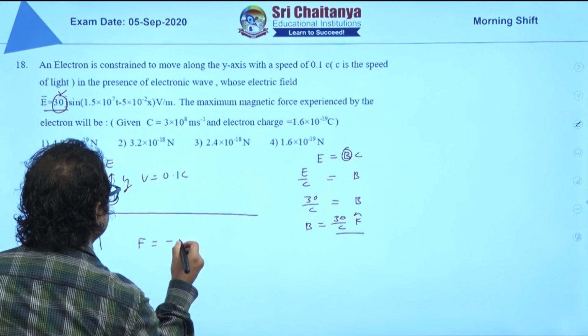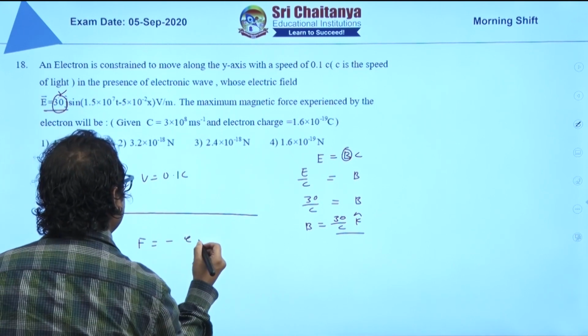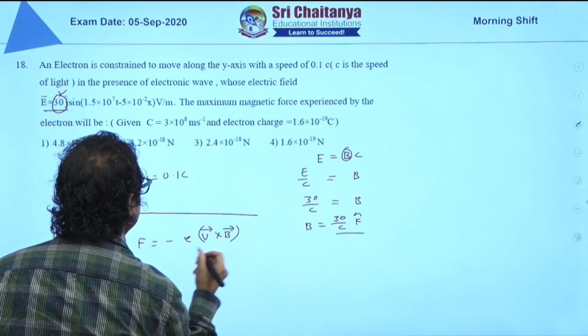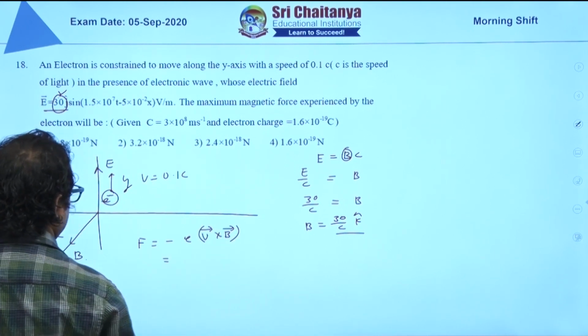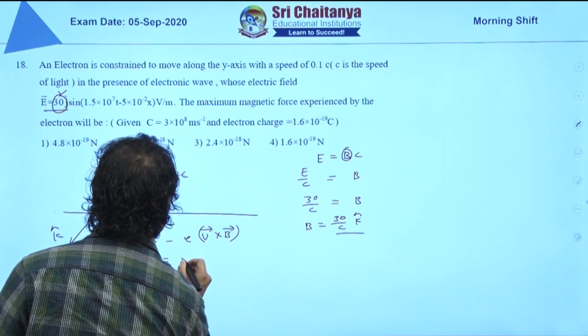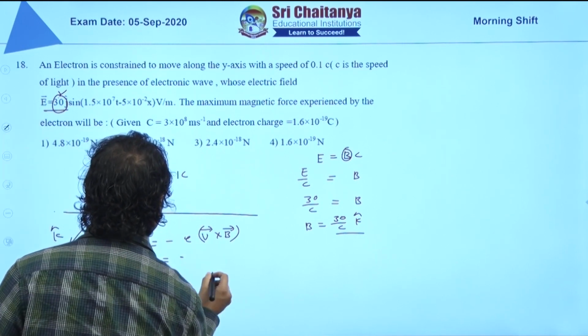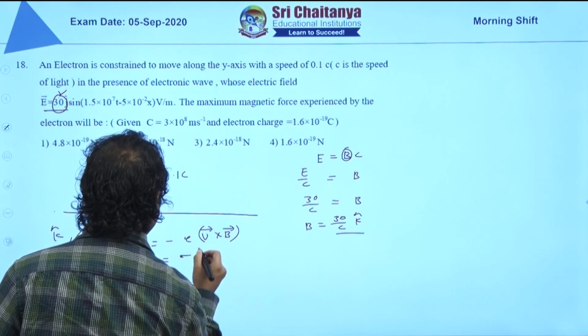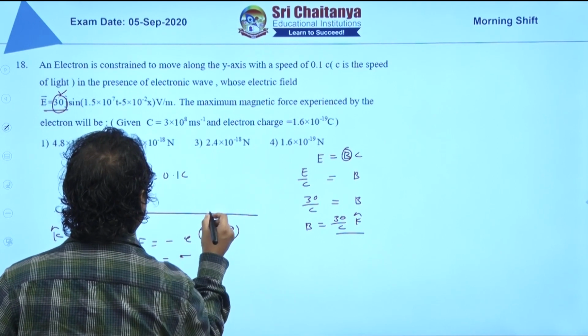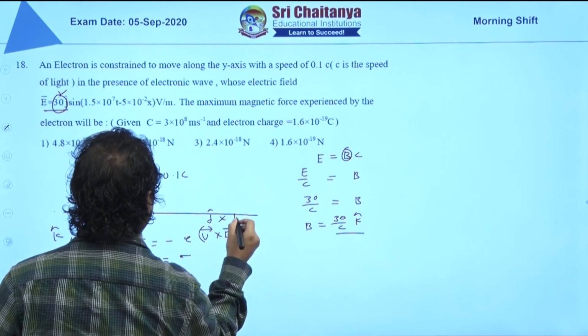We will put a negative sign because of the electron, e into v cross B. So, the v direction is given as j cap, and B is given as k cap.